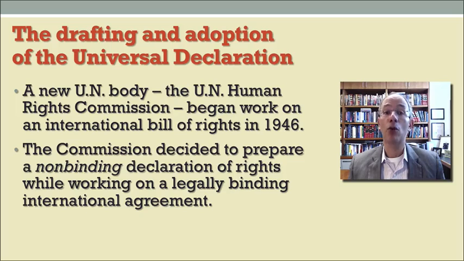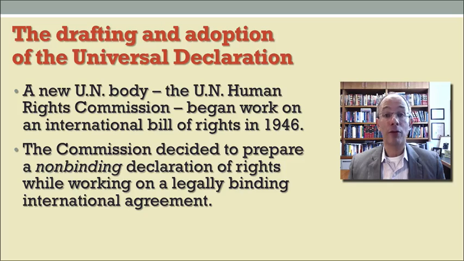Now, the Commission quickly decided that it would make sense to have a non-binding declaration of principles rather than immediately a legally binding document. And as we'll talk about in the coming weeks of the course, this use of non-binding norms, sometimes referred to as soft law, is quite common in the international human rights system.